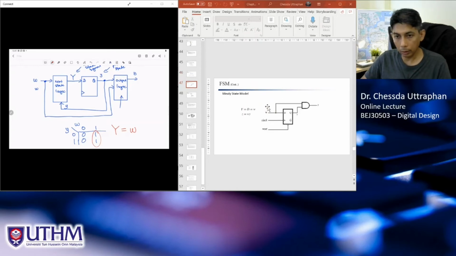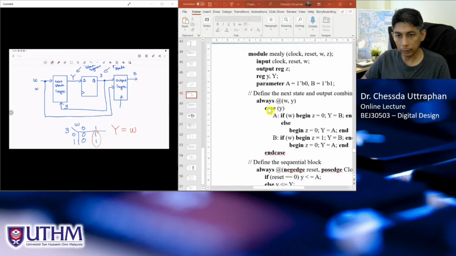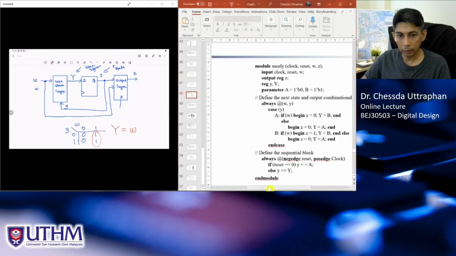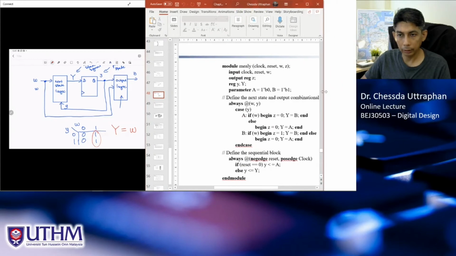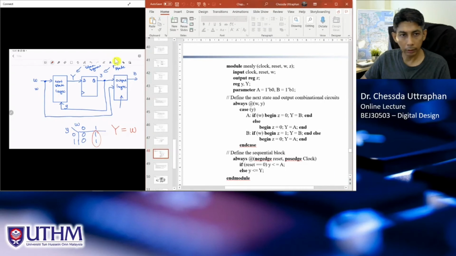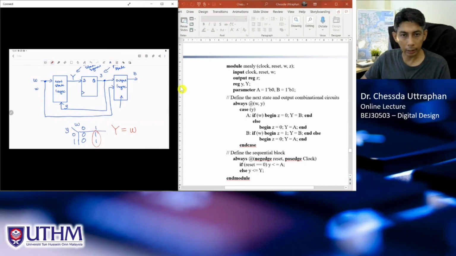the Verilog code of this. Okay, can you see that? Bigger. Okay, and we need this.